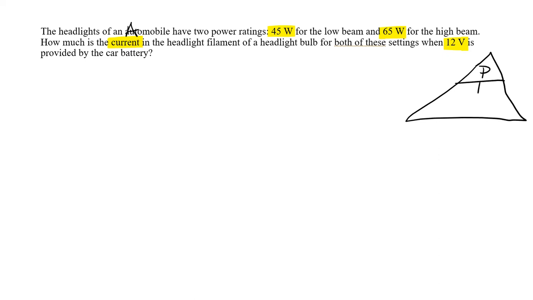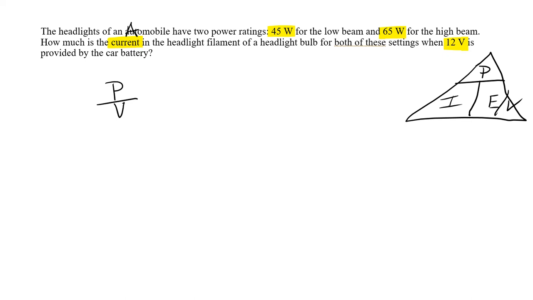We're going to use our formula for power, which is P equals I times V. What do we have? We're looking for amps, right? So we're going to have to do two of them. So we're going to get P divided by V.